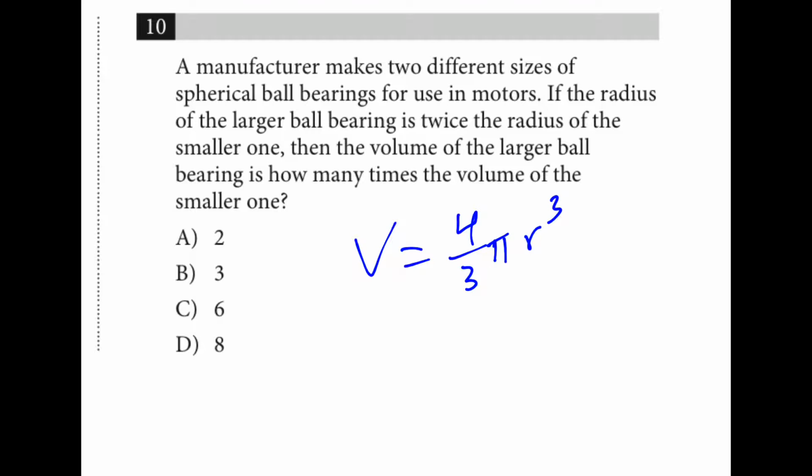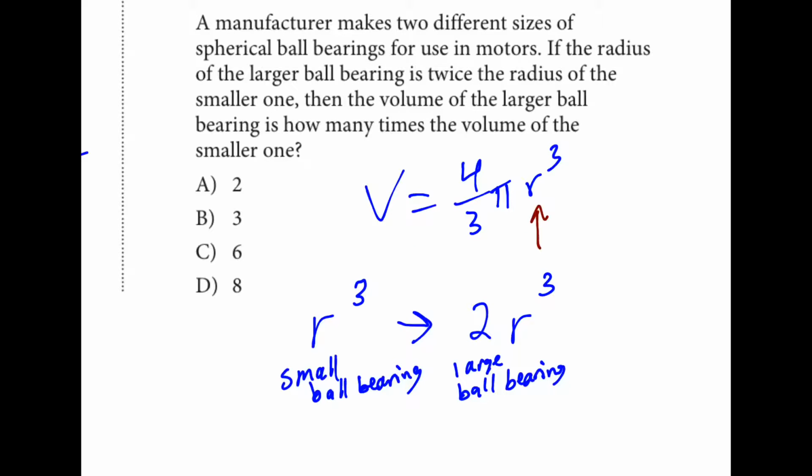For number 10, the first thing I have to do is know the volume formula for a sphere, which I think comes at the front of the typical test for the PSAT, but I didn't include it, sorry. And the part that's relevant here is the r cubed in particular. Then I know that the small ball bearing, compared to the large ball bearing, I have to double the radius.